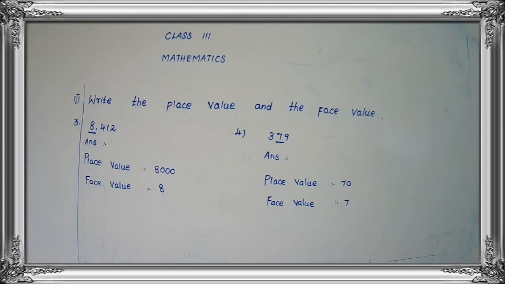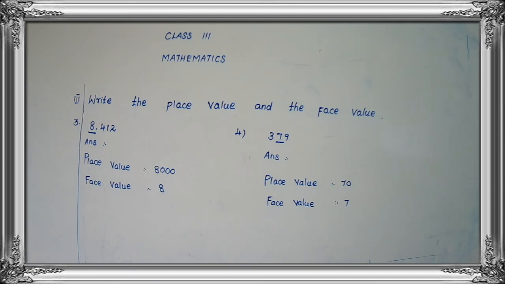In each pair, circle the number which has a lesser place value for the given digit. See the numbers and underline where the 3 is, where the 1 is, where the 2 is, where the 7 is.